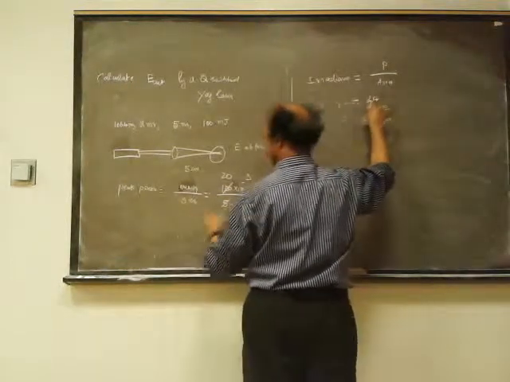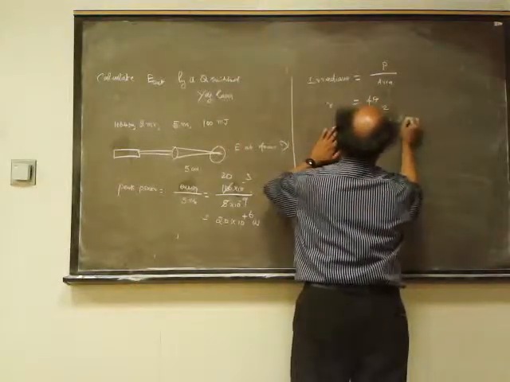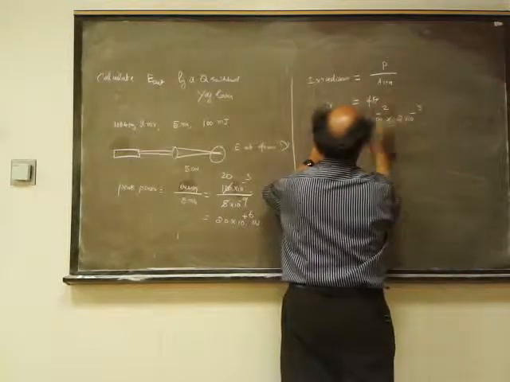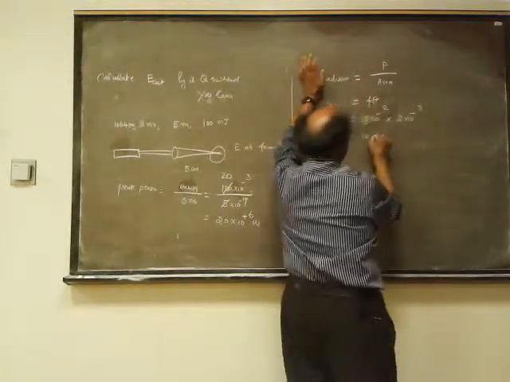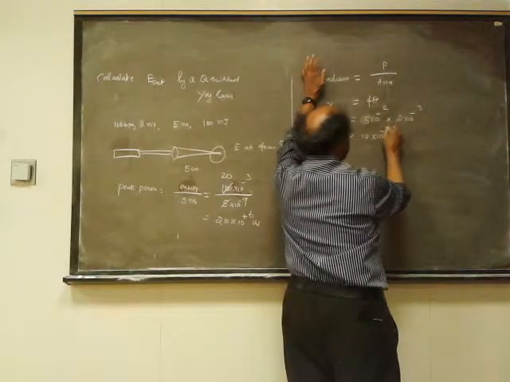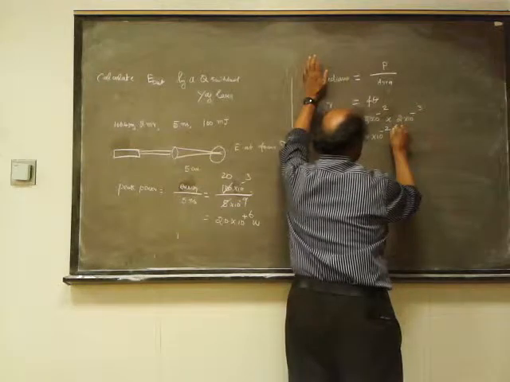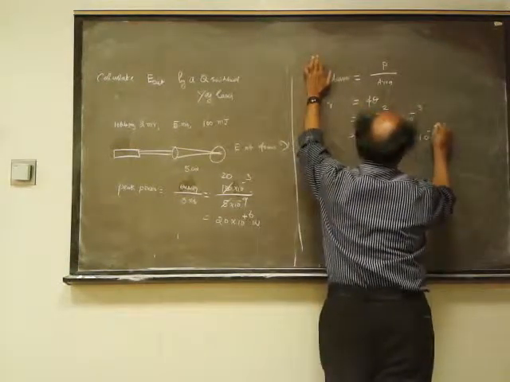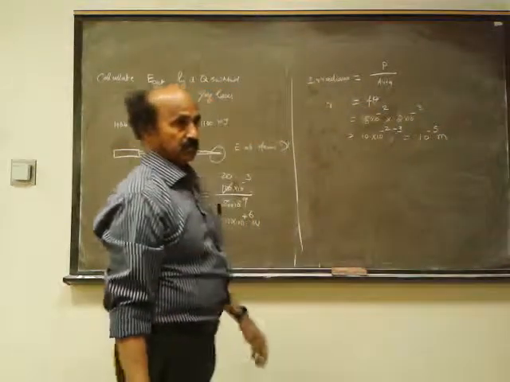Theta is 2 milliradian, 2 into 10 power minus 3. If I multiply these, this will be 10 into 10 power minus 5 meters, the radius of the spot.